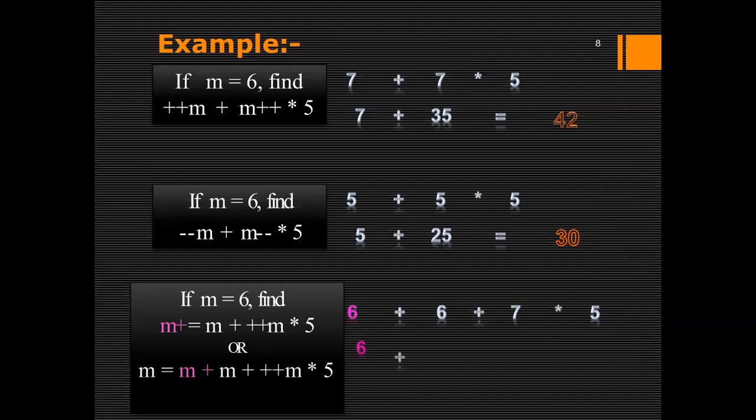So it will be 6 plus 6 plus 7 into 5, that is 35, because multiplication has higher priority over addition. Our next step will be 6 plus 6 plus 35, that is 41. As I told you, the addition of the shorthand form should be done at the last. So our final addition will be 6 plus 41, which is equal to 47.